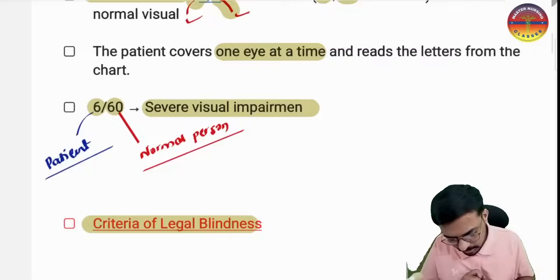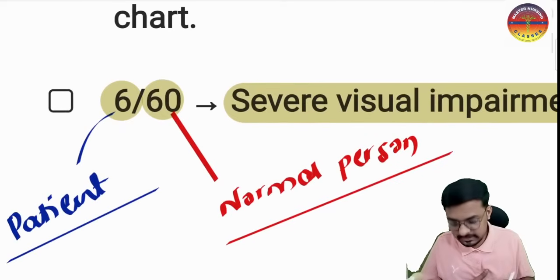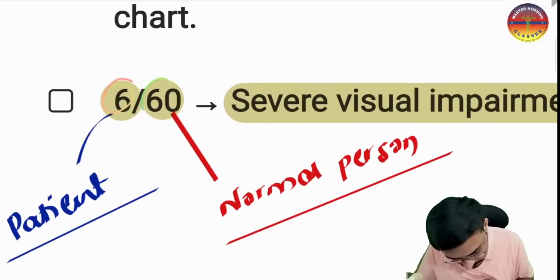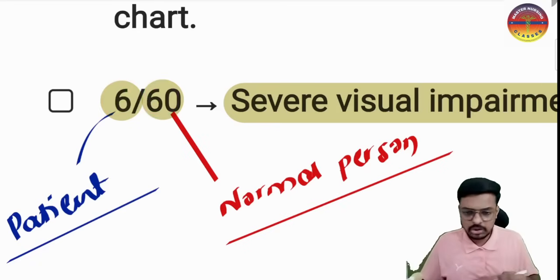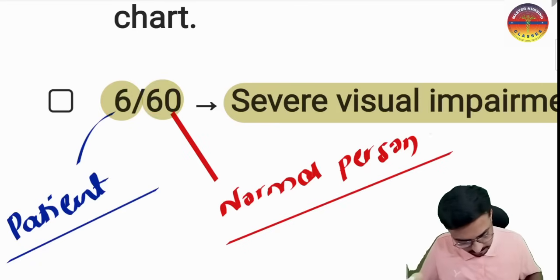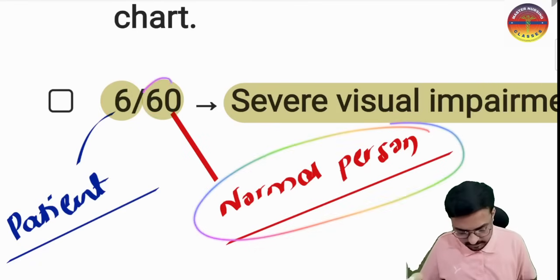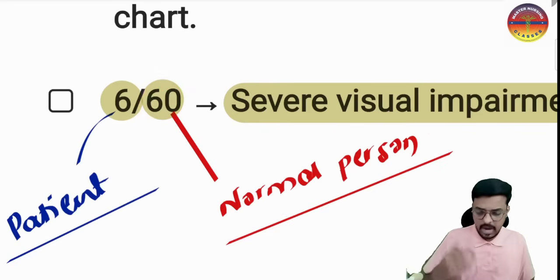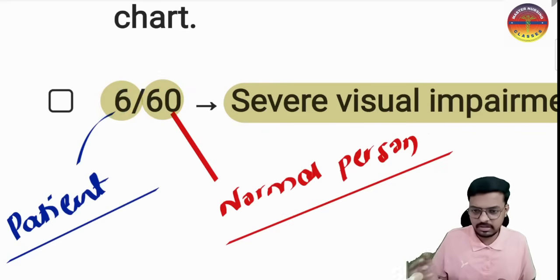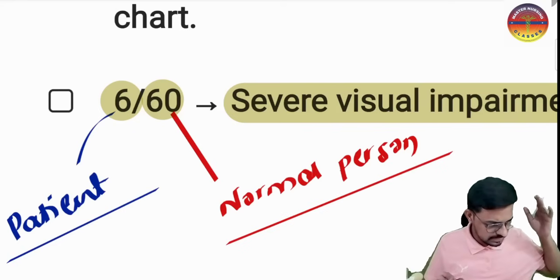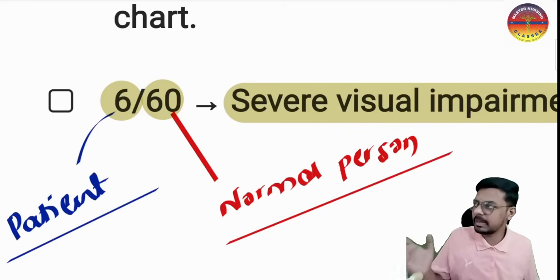Okay, so if the visual acuity is coming 6 out of 60, what does this mean? It means a normal person can see one object from a distance of 60 meter, and here the patient is able to see that object only from 6 meter. If we make that person stand at 60 meter, he is unable to see.